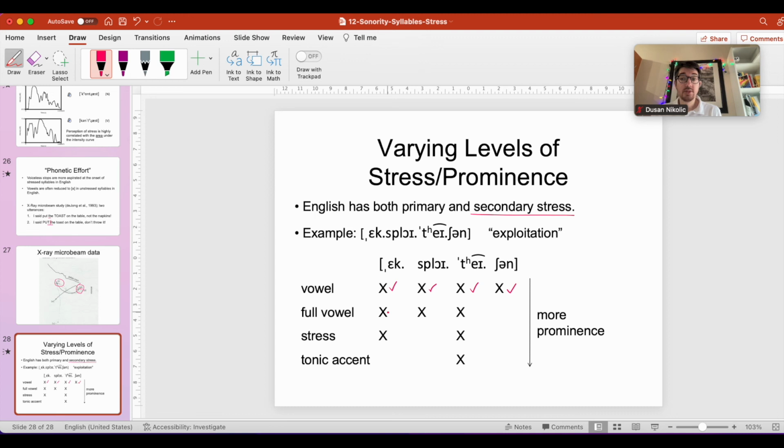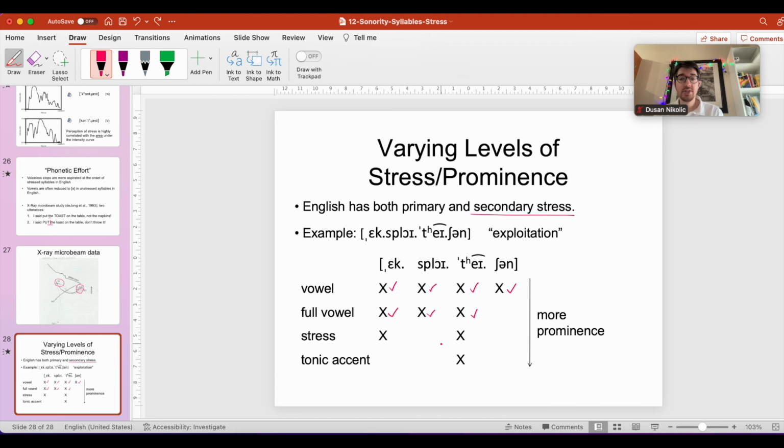Now, where is the full vowel? Well, the last one does not have a full vowel, right? So we put X's here. And the stress is usually on a full vowel, right? When we have vowels, it can either be on the first one or on the third one, because that's where the greater pitch is, the loudness is.